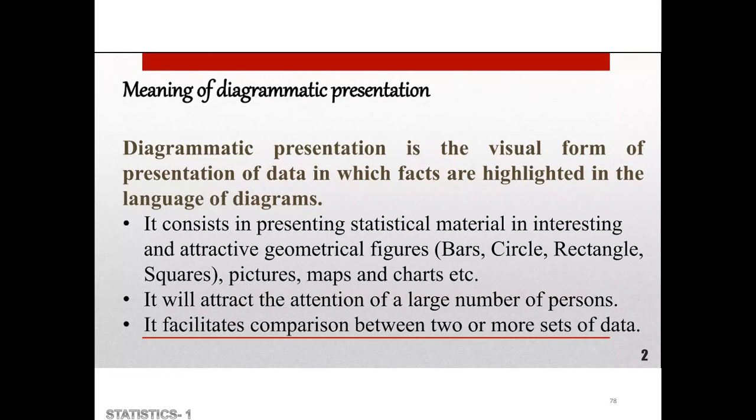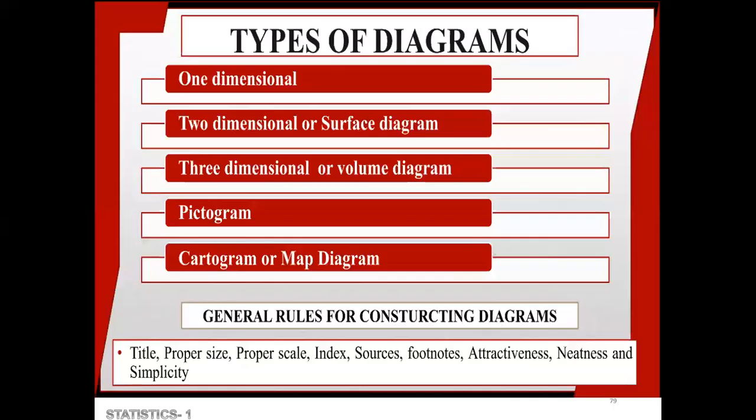When you represent any statistical data using these geometrical figures, it is called the diagrammatic representation of data. It will attract the attention of a large number of people and it will facilitate the comparison between two or more sets of data. So these are the two unique advantages of diagrammatic representation of data.